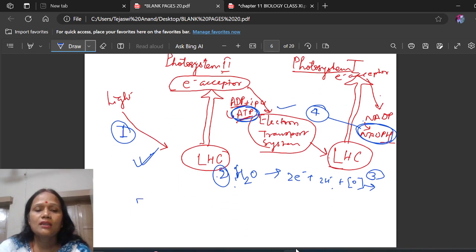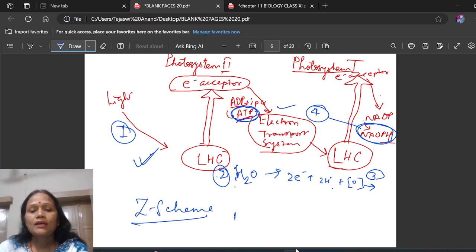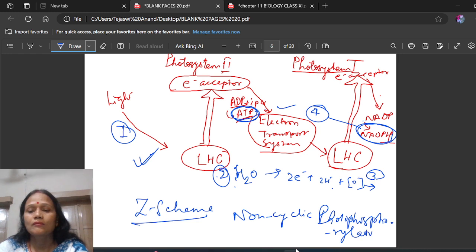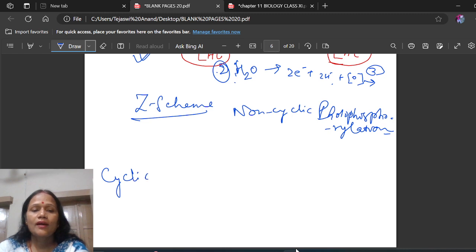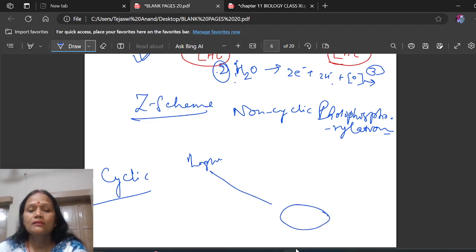That is called Z scheme of light reaction. We can call it non-cyclic photophosphorylation, because here you can see... and in cyclic photophosphorylation you will find that when the light is absorbed by the LHC, it is taken by the primary electron acceptor.